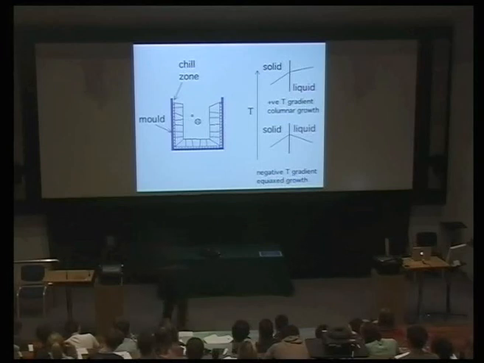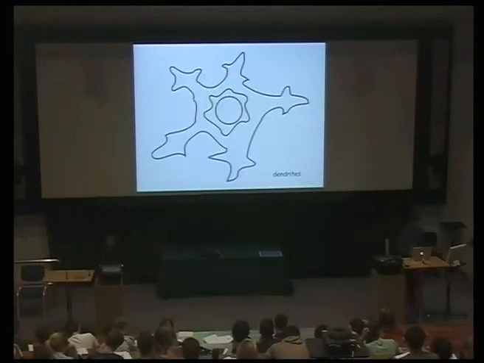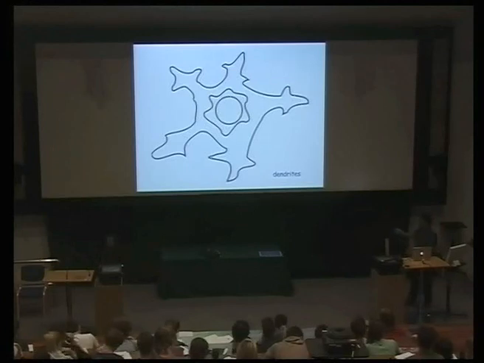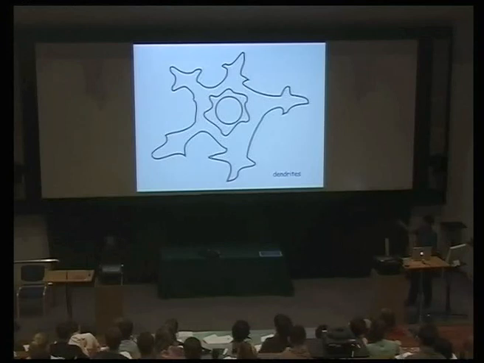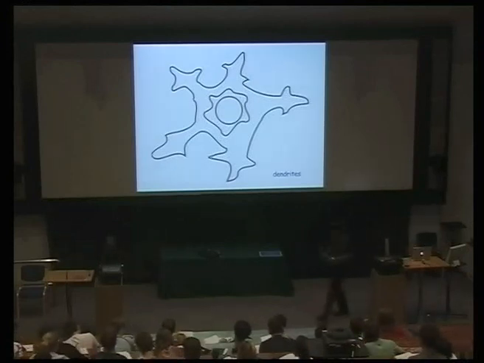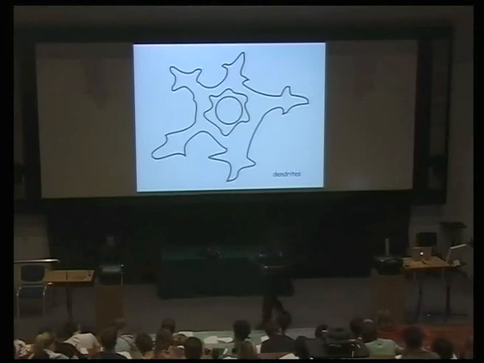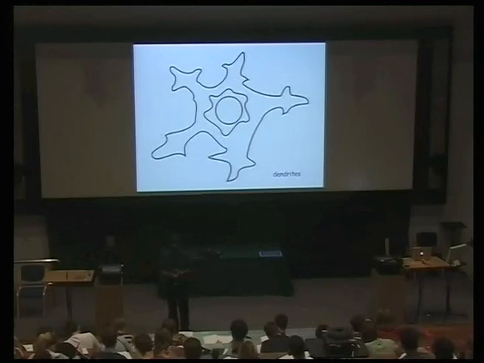Okay? In other words, what was a nice and smooth interface will tend to develop features like this. Okay? So the interface becomes unstable if the liquid ahead of the solid-liquid interface is undercooled. Okay? Is everyone happy with that concept?